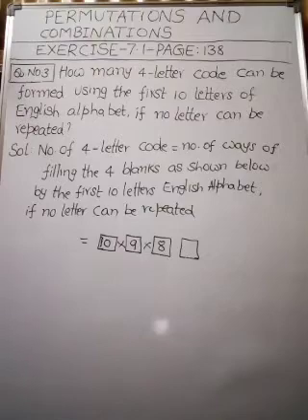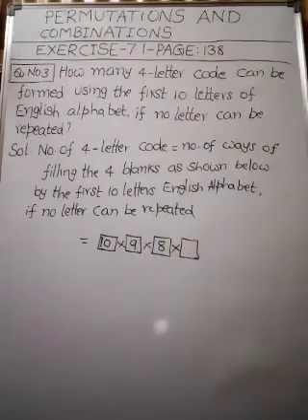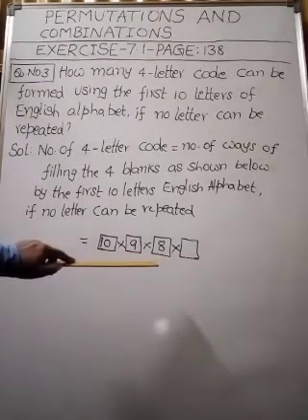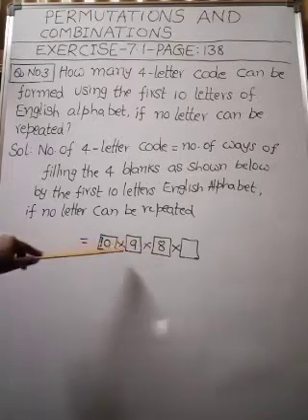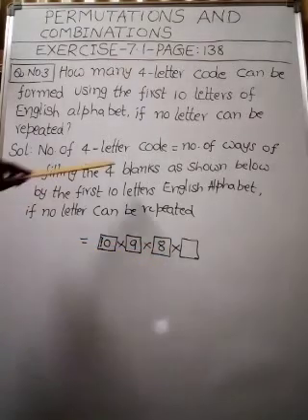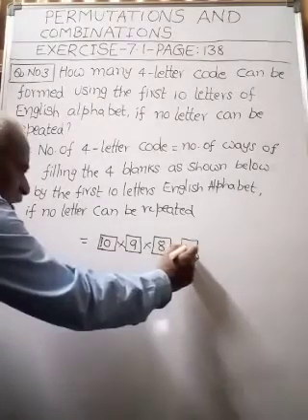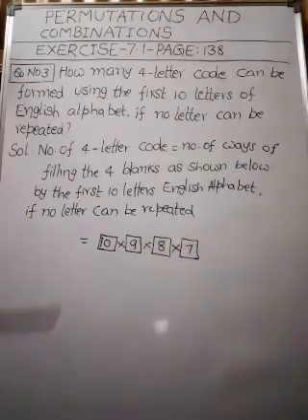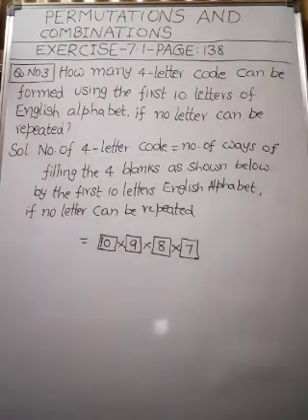Right. And into. Okay, my children. How many letters will be left in our hand after filling 3 letters in these 3 boxes? Out of 10, 7 letters will be there in our hand. So the last blank can be filled by any one of the 7 letters. 7 ways are there. Yes or no, my children? Yes. So this is the required number of 4-letter codes.